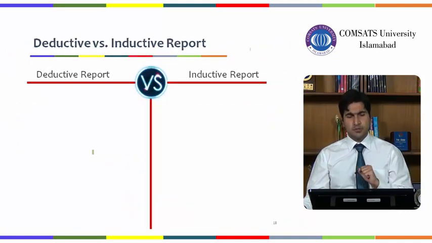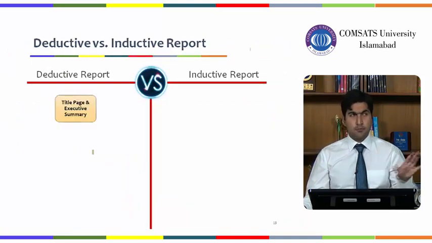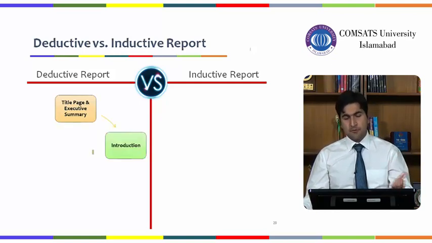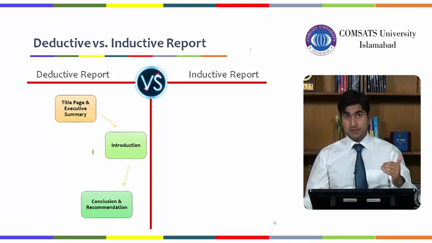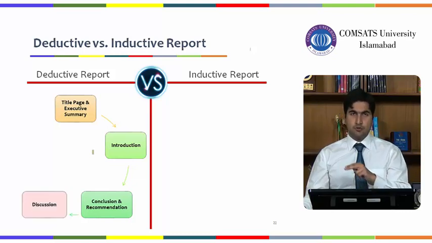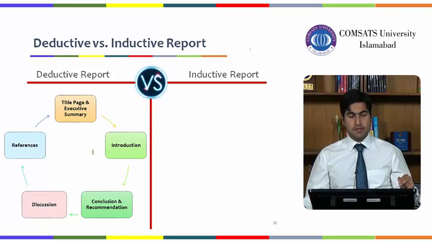Talking about the last sequence, in case of your deductive report, now you know the structure: title, executive summary, then the introduction. I'm talking about general to specific. So a general introduction, and after providing some general information, you are concluding things, you move towards discussion, because now things are becoming more specific, and then you provide the reference, meaning general to specific.